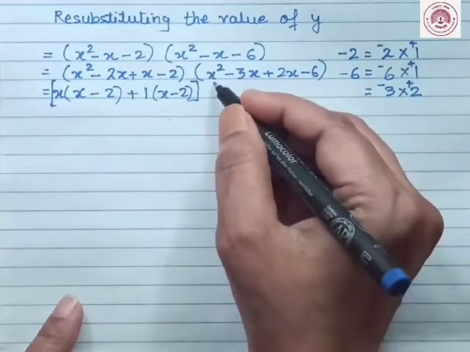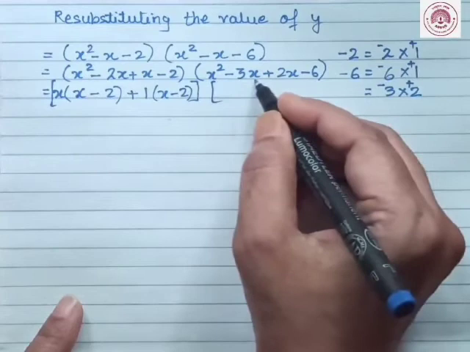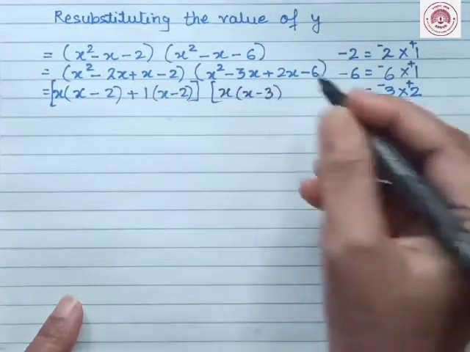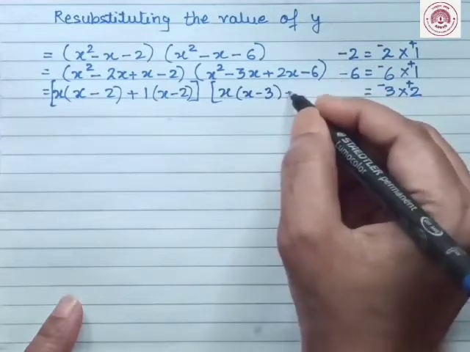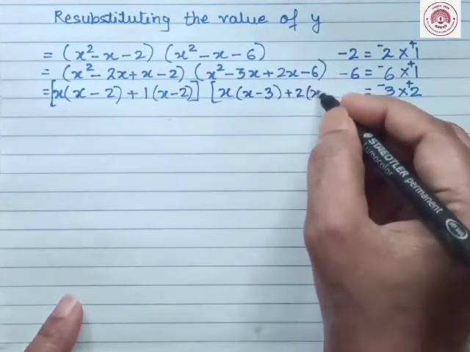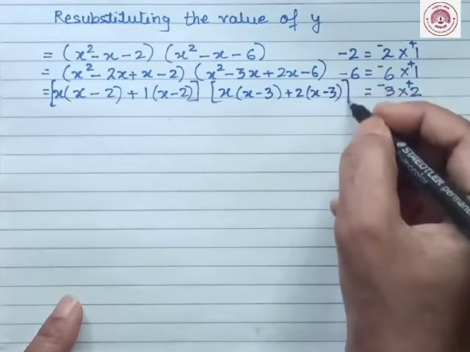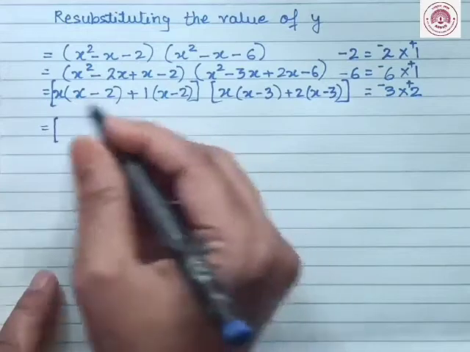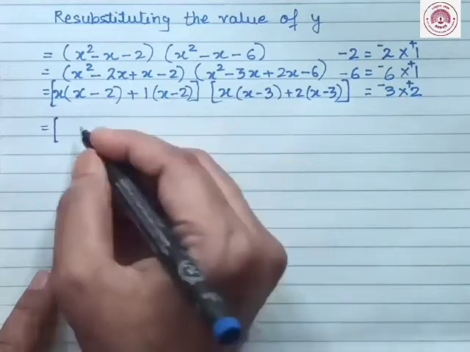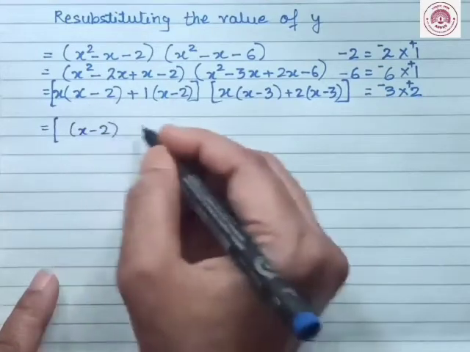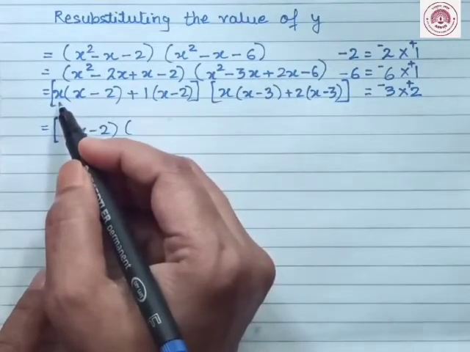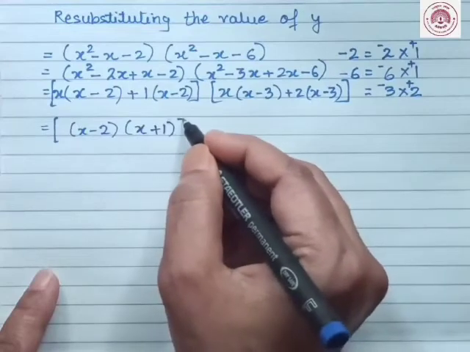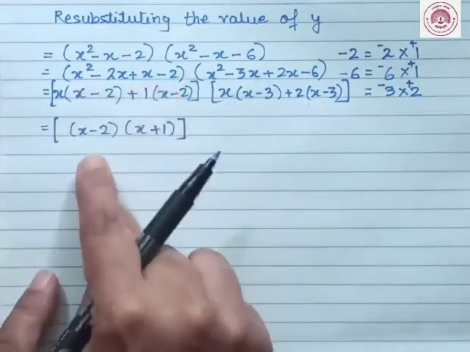Now x − 2 is common, so we'll take out x − 2 and in the second bracket we will get x + 1. So the first polynomial is factorized.